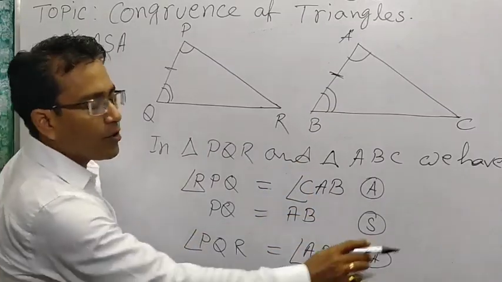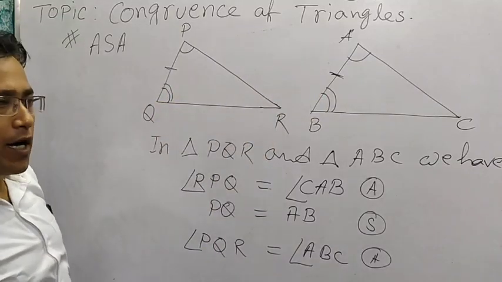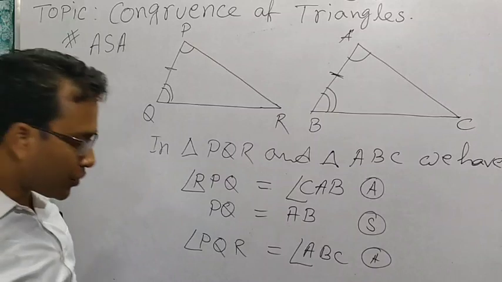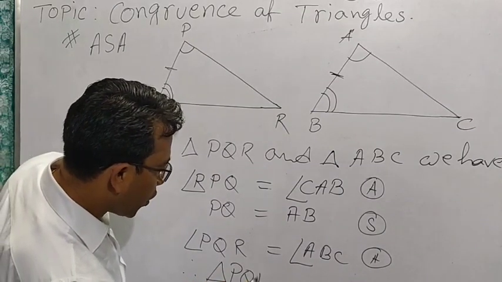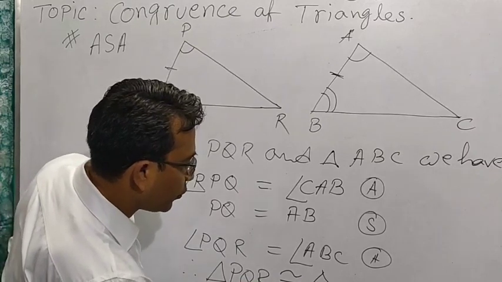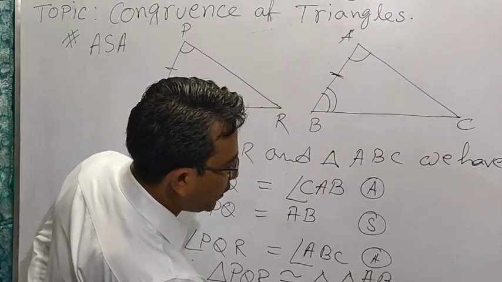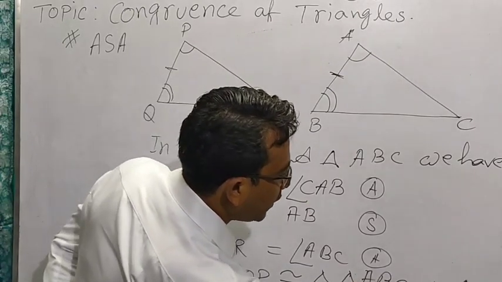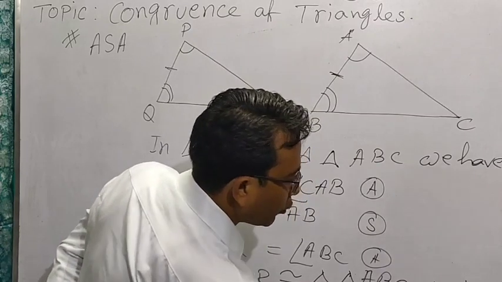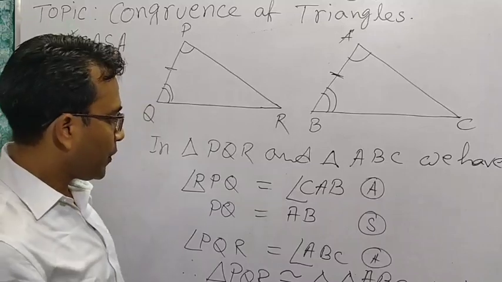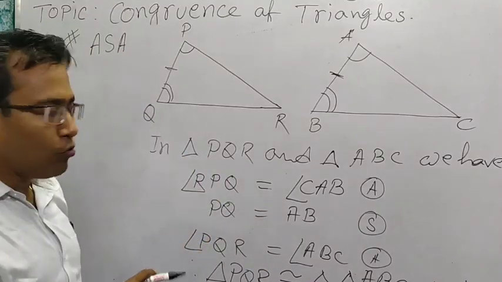So in this format, these two triangles are congruent under the ASA congruence rule. Therefore, triangle PQR is congruent to triangle ABC under ASA congruence criteria. So this is the third congruence rule.